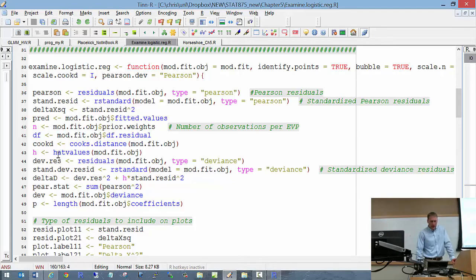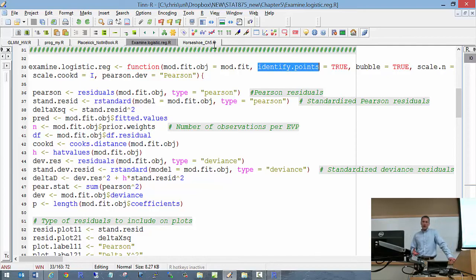To use the function, notice the very first argument corresponds to an object for your model's fit. So wherever you put the results from GLM, use that for the first argument value when using this function. Then I have another argument called identify.points.